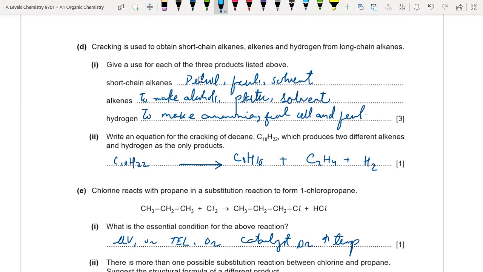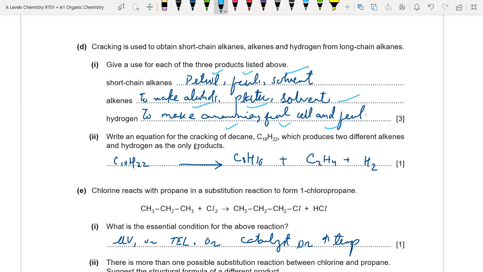Short chain alkanes are used as petrol, fuel, and solvent. Similarly, alkenes are used to make alcohol, plastic, and solvents. Hydrogen is used to make ammonia, fuel, and fuel cells. Okay.